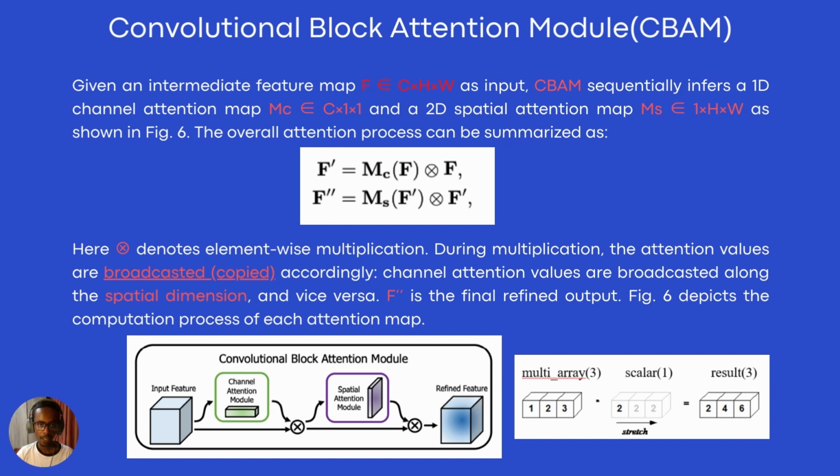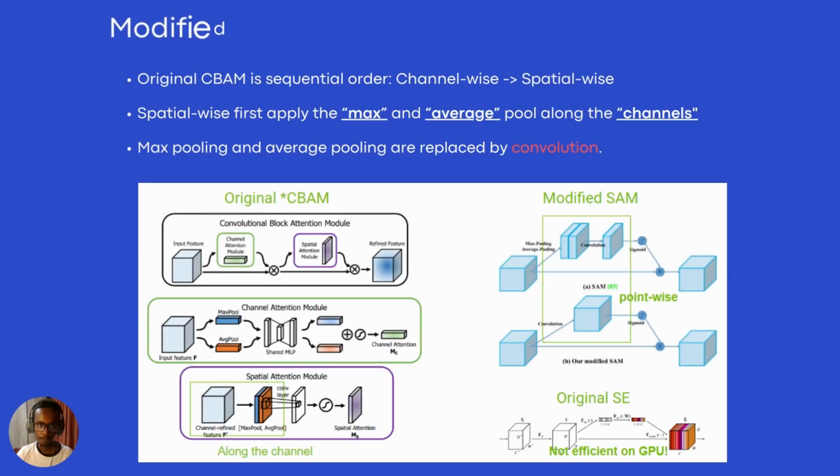Finally, it will give us F double prime, which is going to be the final feature representation. All of this calculation can be summarized on the figure below, which is shown for the convolutional block attention module.